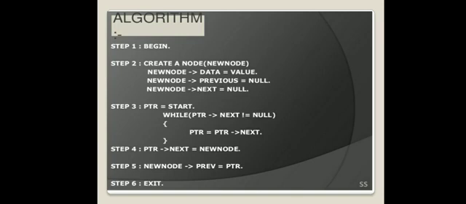New node of previous is null, and new node of next is null. PTR equal to start. While PTR of next is not equal to null, PTR is equal to PTR of next. Step 4, PTR of next is new node. New node of previous is PTR, then exit.